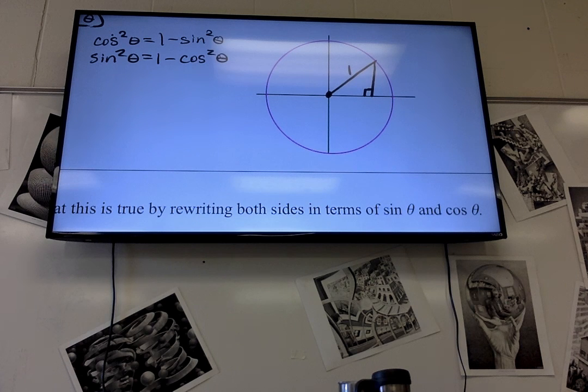And I know this is X and this is Y to get to this point. Normally for the Pythagorean theorem, I would say X squared plus Y squared equals 1 squared.